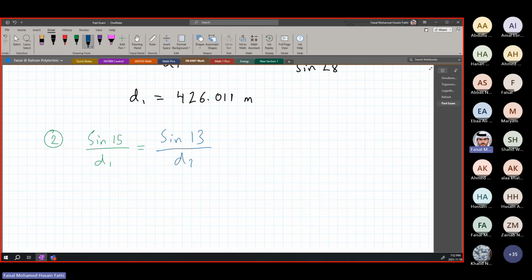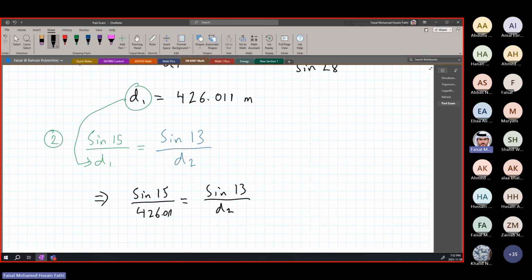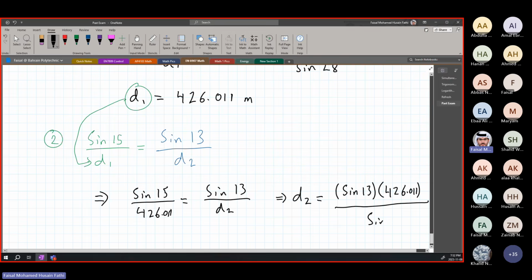over D2. We substitute D1, so sine of 15 over 426.011 is equal to sine of 13 over D2. D2 equals sine of 13 times 426.011 over sine of 15.